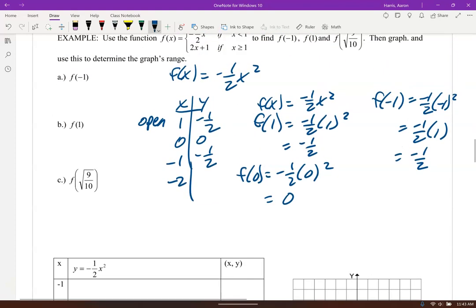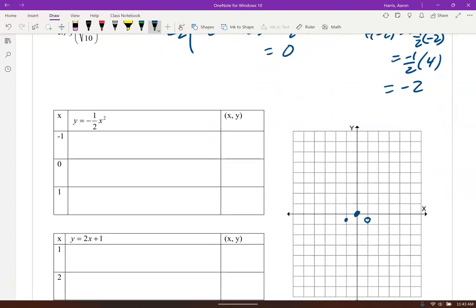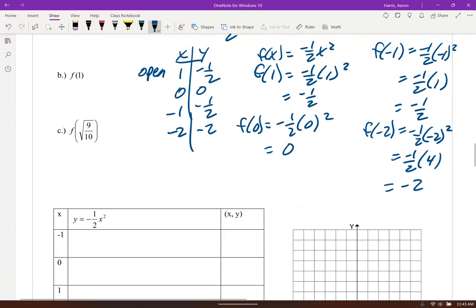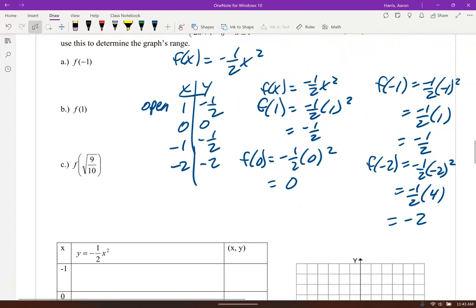Plug in negative 2. Well, negative 2 squared is 4, so I got negative 1/2 times 4. So I got negative 4/2 or negative 2. So I got negative 2, negative 2 right there. I could plug in 3, but I'm going to plug in negative 4 as my next one.